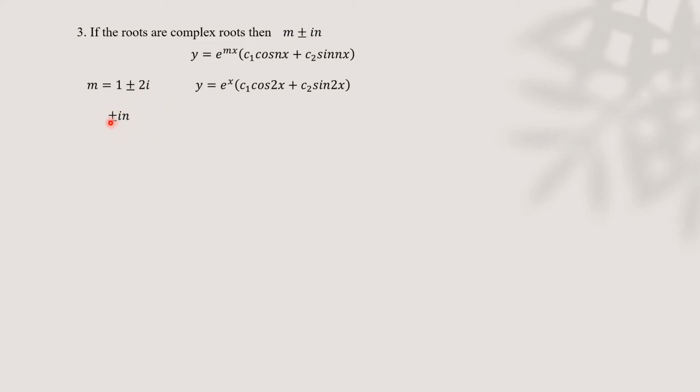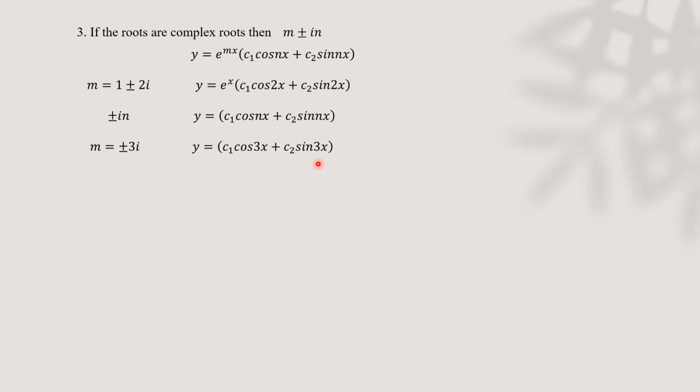If we have plus or minus in, then we write the solution as y equal to c1 cos nx plus c2 sin nx. For example, if the roots are plus or minus 3i, then the solution is what? Can you guess? It is just y equal to c1 cos 3x plus c2 sin 3x.